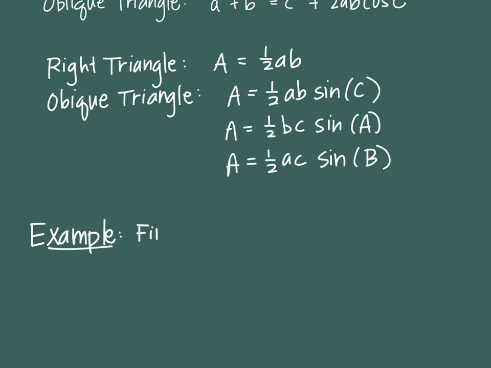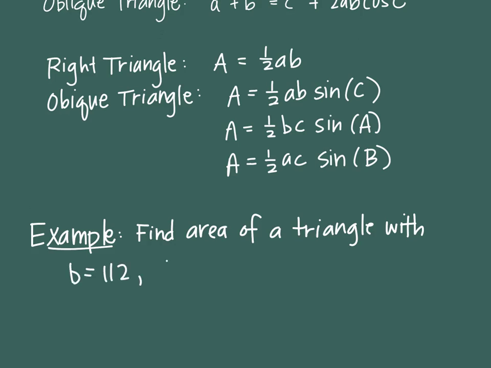So find the area of the triangle with little b equal to 112, little c equal to 52.